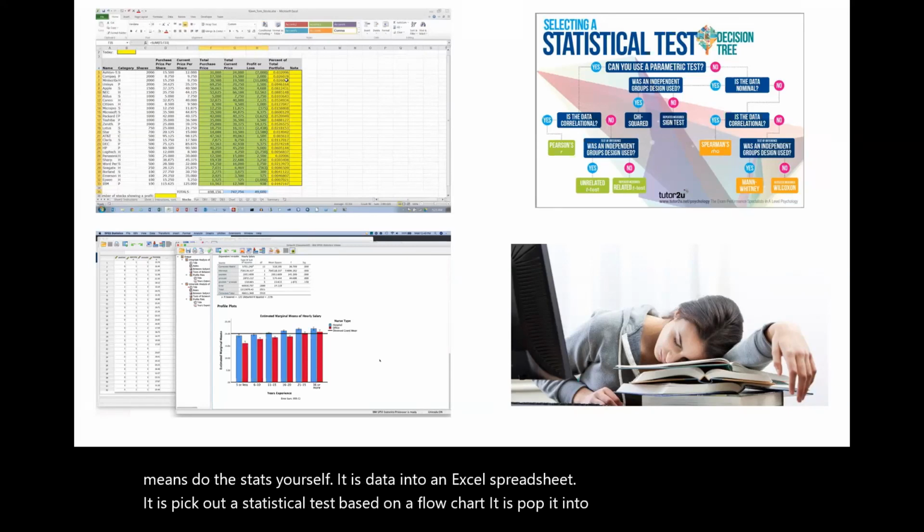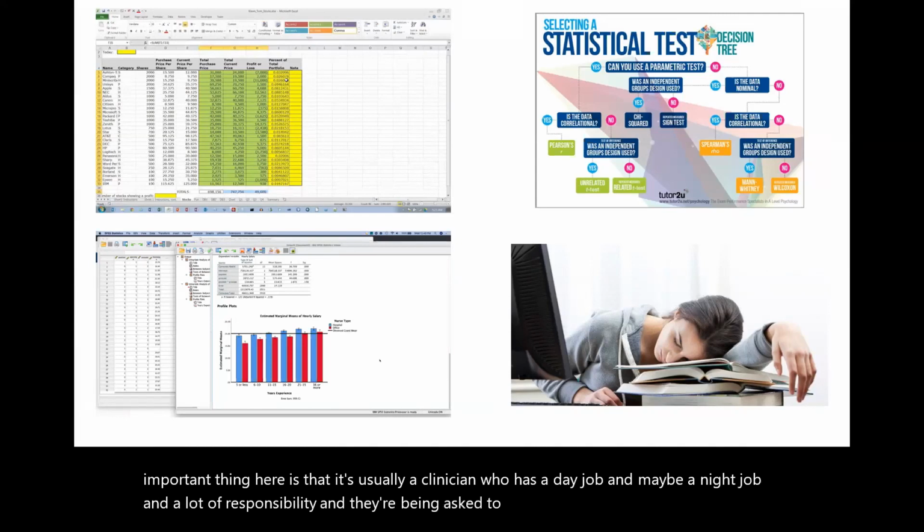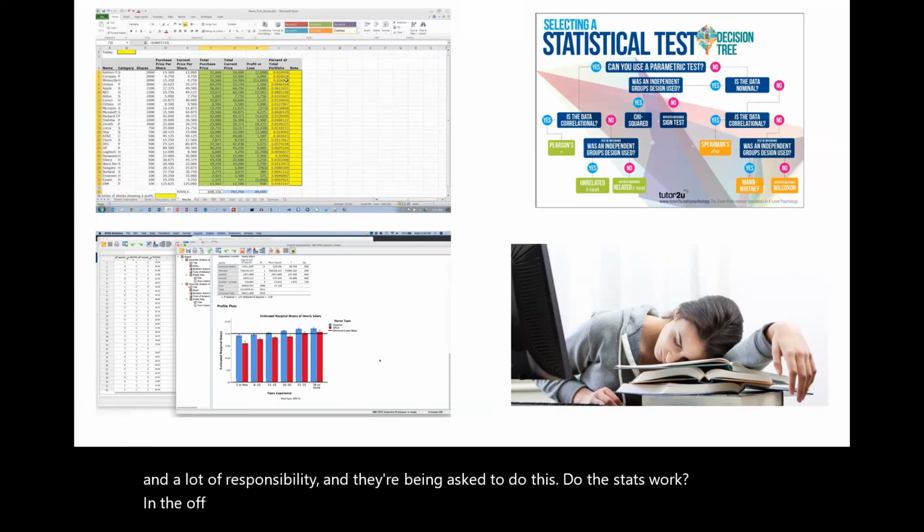But the most important thing is that it's usually a clinician who has a day job and maybe a night job and a lot of responsibility. And they're being asked to do the stats work in the off hours, in the free time, as if that exists. It shouldn't be rocket science to see why this is suboptimal.